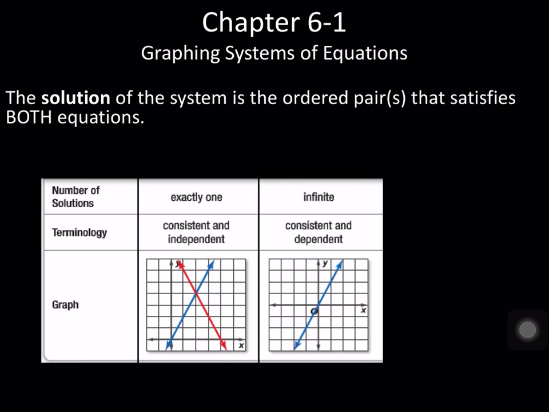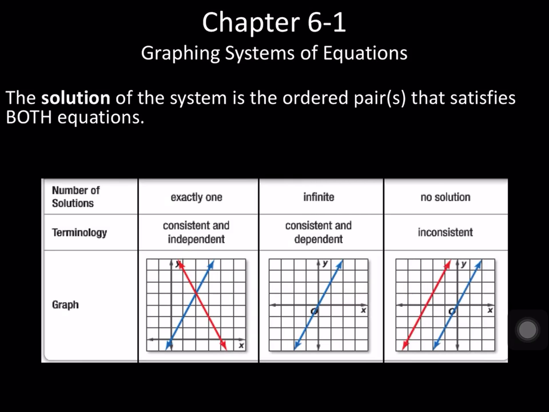Okay, so the other thing we would be looking for is when is there no solution? And so there we go, no solution. No solution systems are inconsistent because there is no answer. This system doesn't work, in other words. Notice that these lines don't touch each other. If you'll remember back, that means those two lines have the same slope.